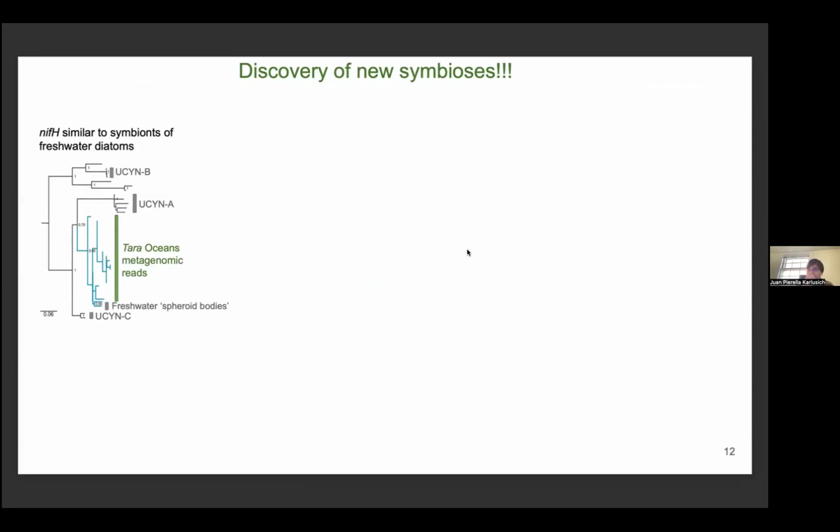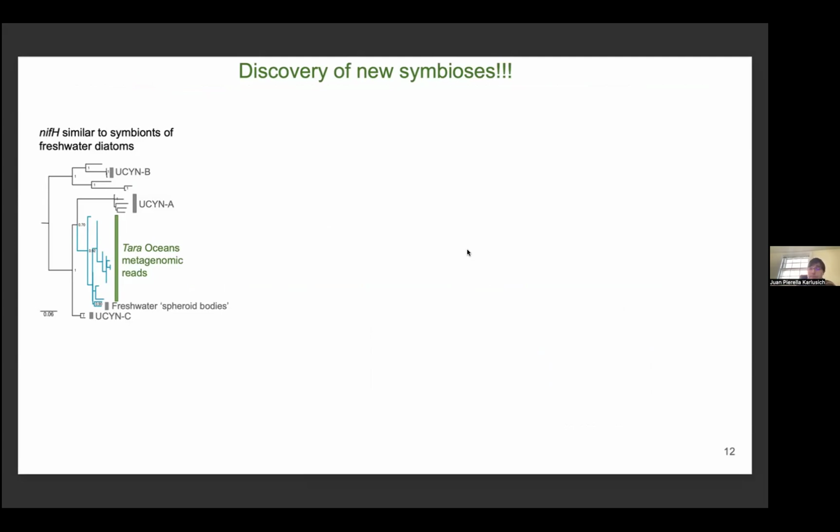And finally, we were also able to suggest new symbiosis. For example, certain metagenomic reads were very similar to the reads from symbionts that were so far detected only in freshwater environments.